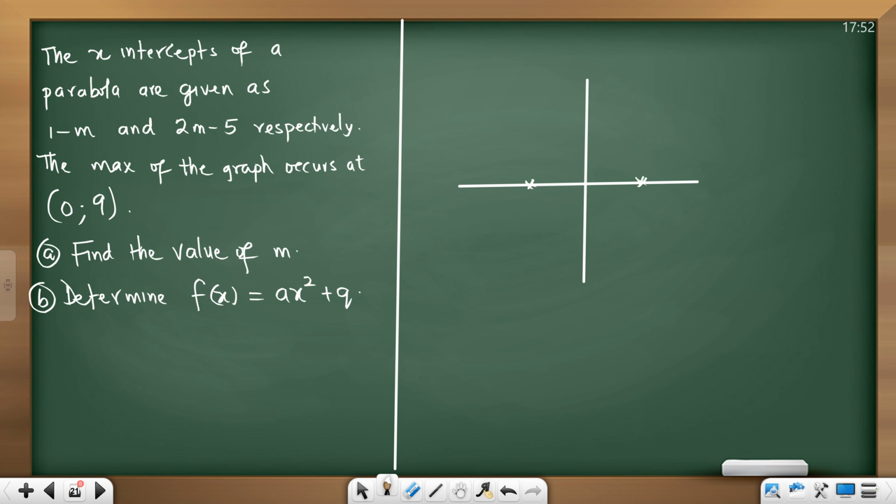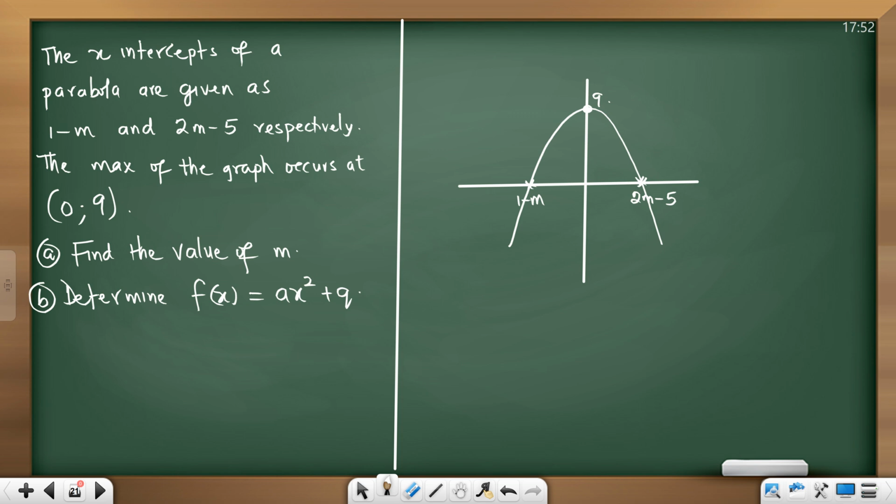We don't know which one is on the left and which on the right, but for now we can just write that. The maximum of the graph means my graph is like that. It occurs at 0 and 9. That's my 9. Find the value of m.